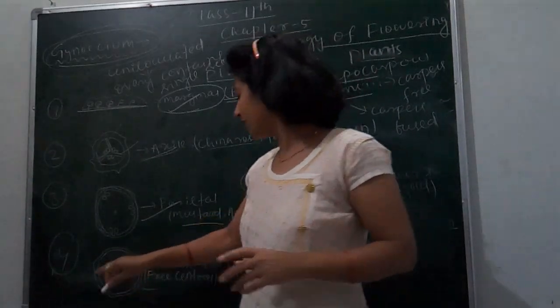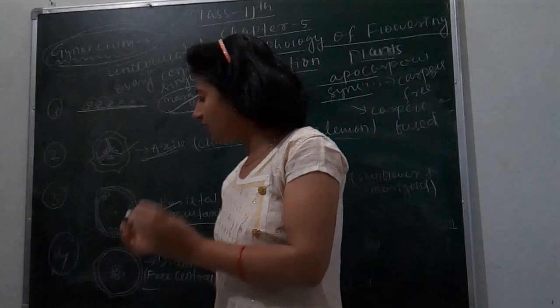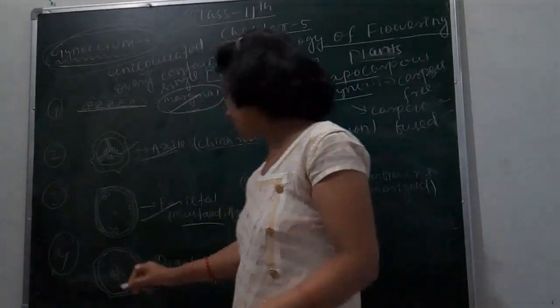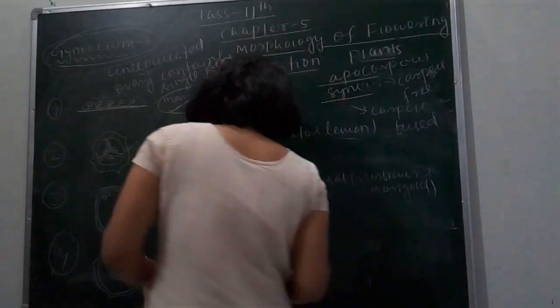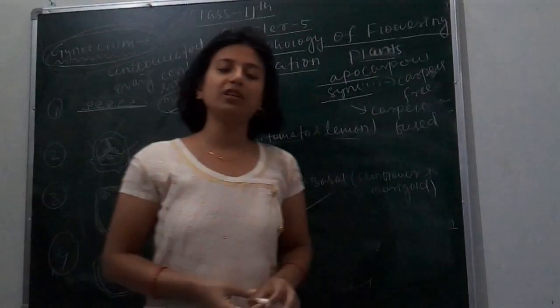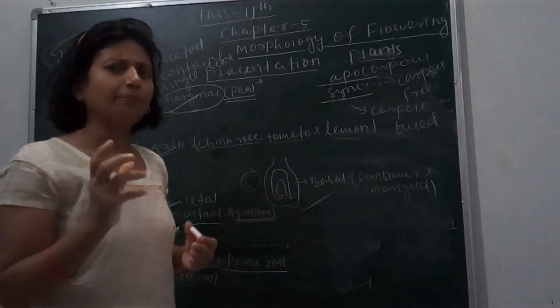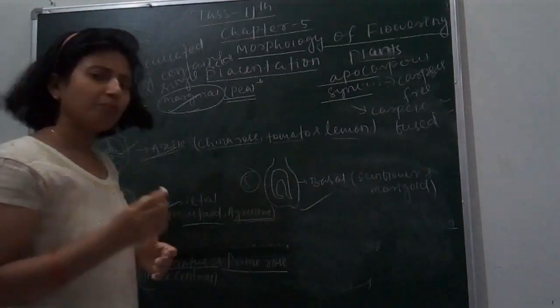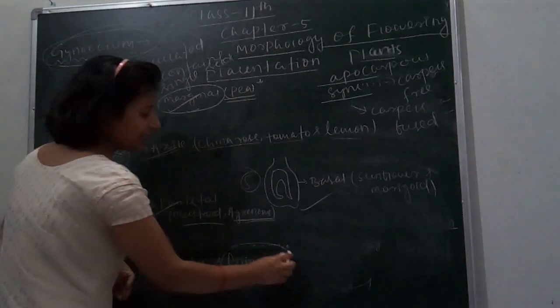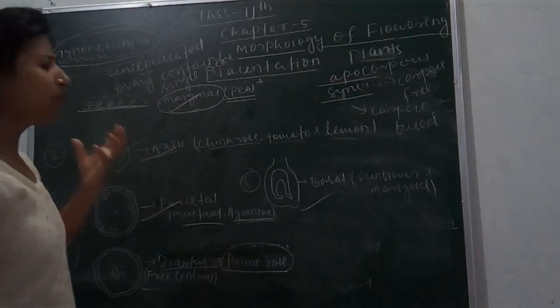That's why it is called free central. This type of arrangement of seed we can see in dianthus and primrose. Evening primrose has white colored flowers, they are so fragrant. These flowers bloom at night.